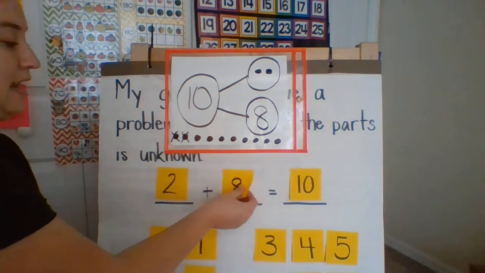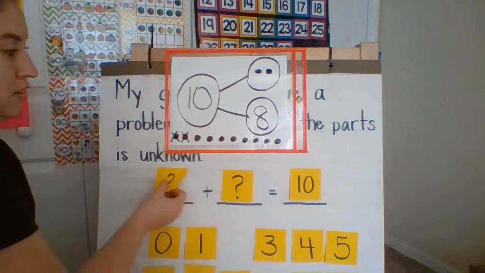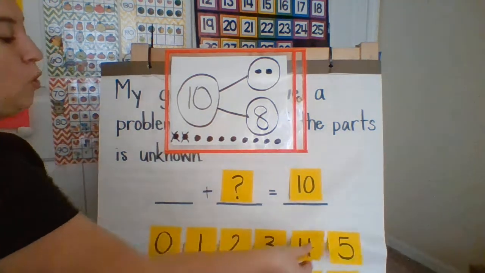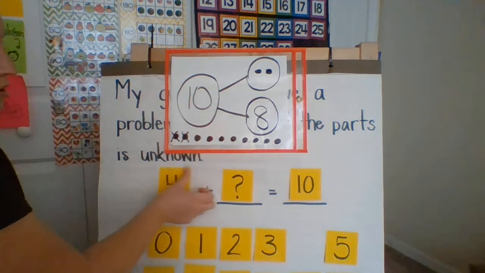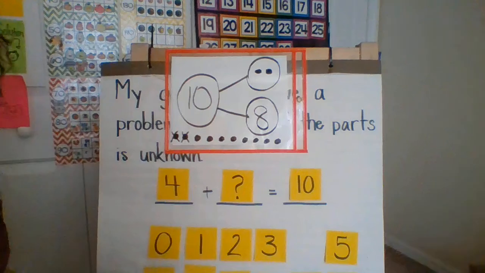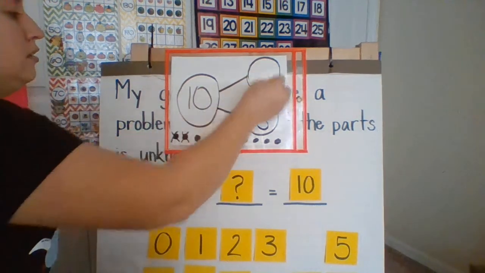Okay, let's do this again. You use your cubes, and I'm going to keep using my dots. We're going to do 4 this time. 4 plus what equals 10?